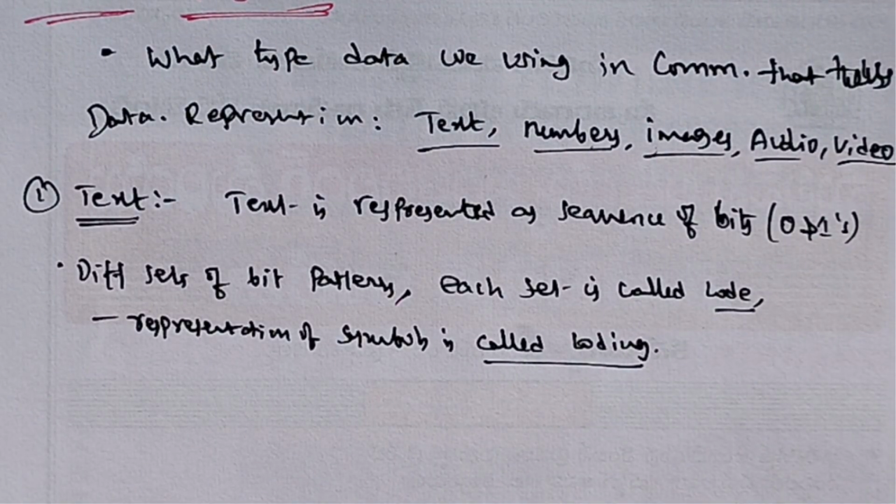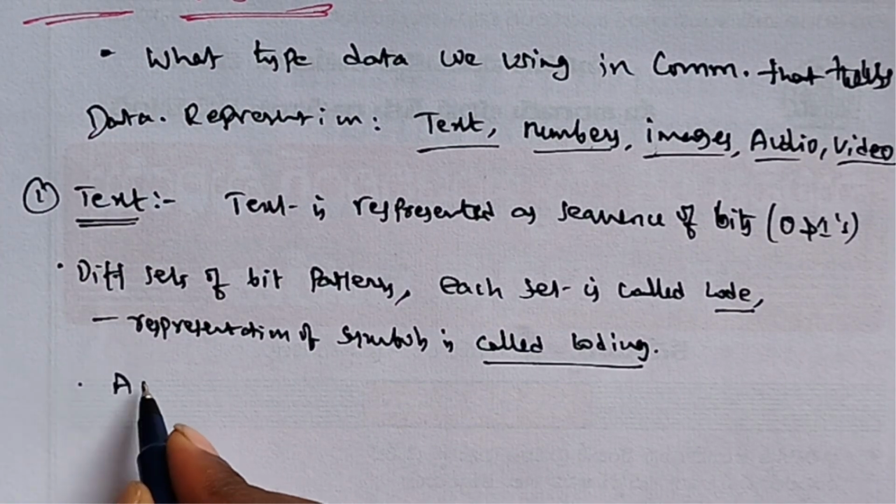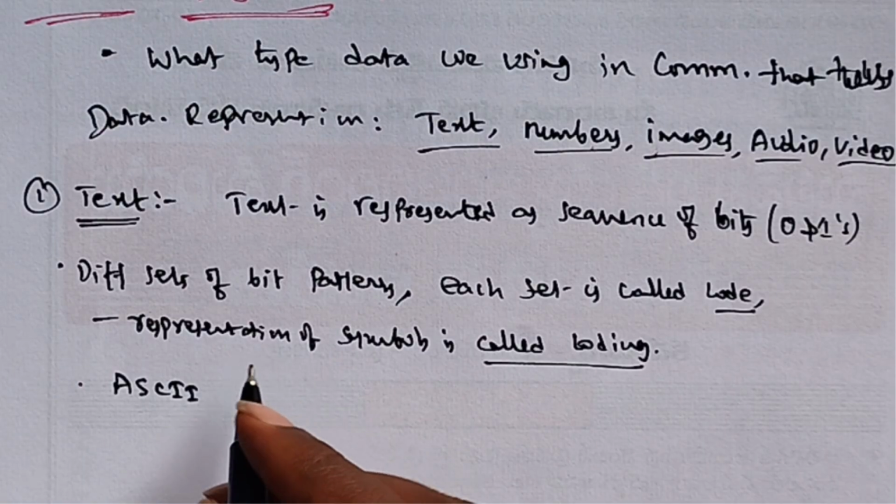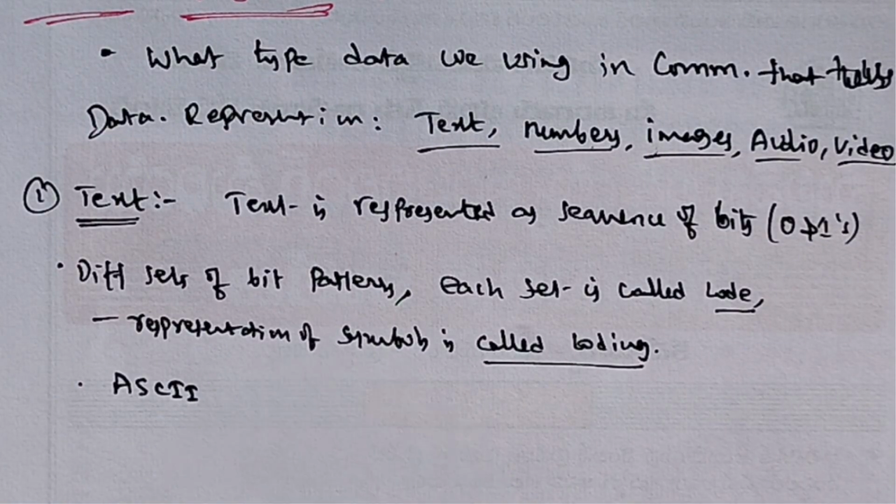Nowadays the American standard ASCII is being used. What is the meaning of ASCII? It means American Standard Code for Information Interchange.